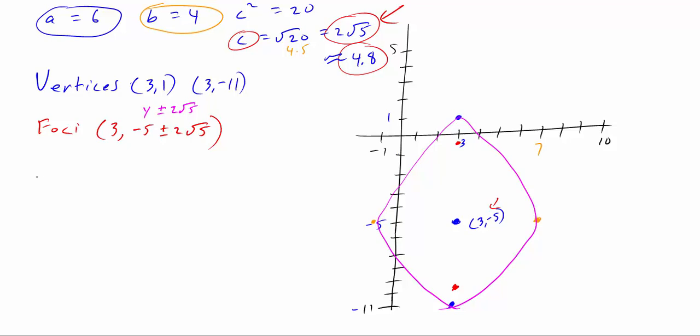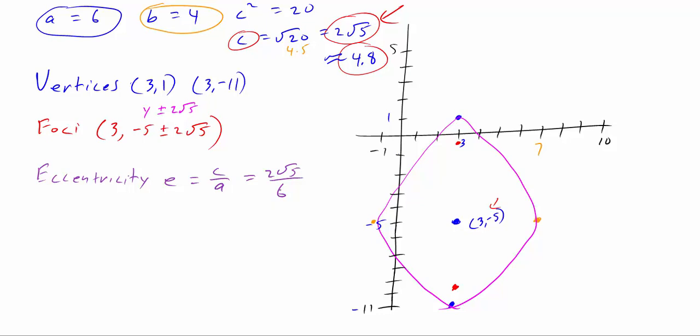And then, of course, if we're looking at calculating the eccentricity, we said that was going to be e is equal to c over a. So in this case, our c value is 2 square root of 5 over 6.